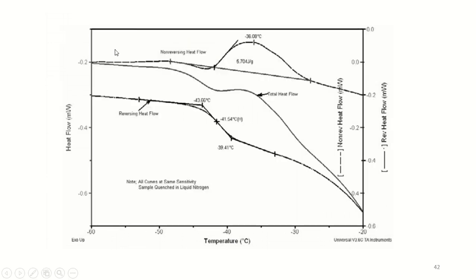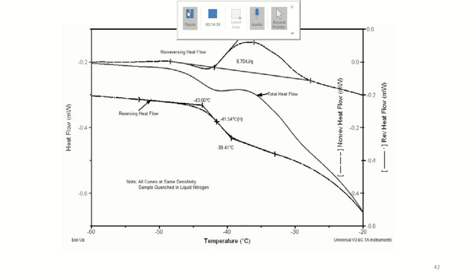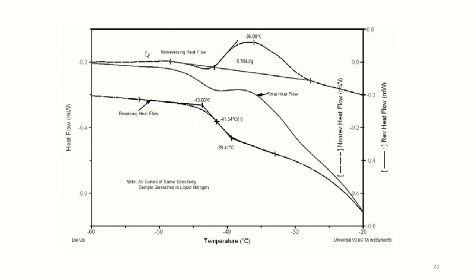This figure shows the calculated signals from this modulated differential scanning calorimetric experiment. The total signal is very difficult to interpret because it is equivalent to standard differential scanning calorimetry at the same heating rate and contains two different transitions.